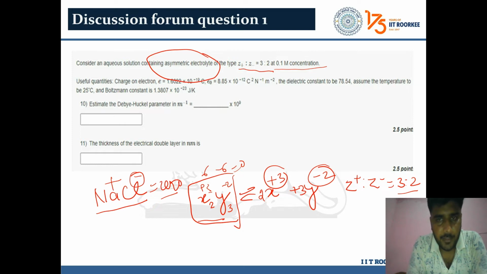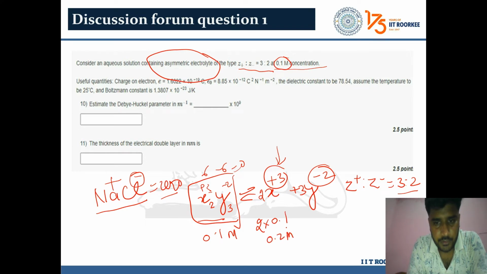The second point is the concentration of this electrolyte. With a 0.1 molar concentration of this electrolyte, the positively charged species will have a concentration of 0.2 molar, and similarly the negatively charged species will have a concentration of 0.3 molar.